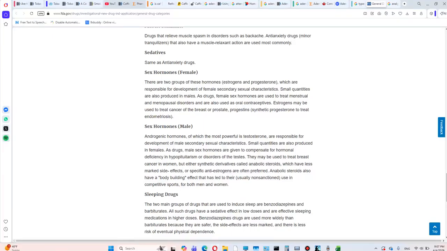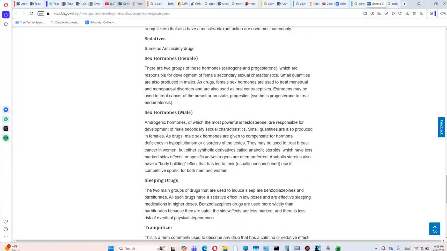They may be used to treat breast cancer in women, but either synthetic derivatives called anabolic steroids, which have less marked side effects, or specific anti-estrogens are often preferred. Anabolic steroids also have a "bodybuilding" effect that has led to their, usually non-sanctioned, use in competitive sports for both men and women.